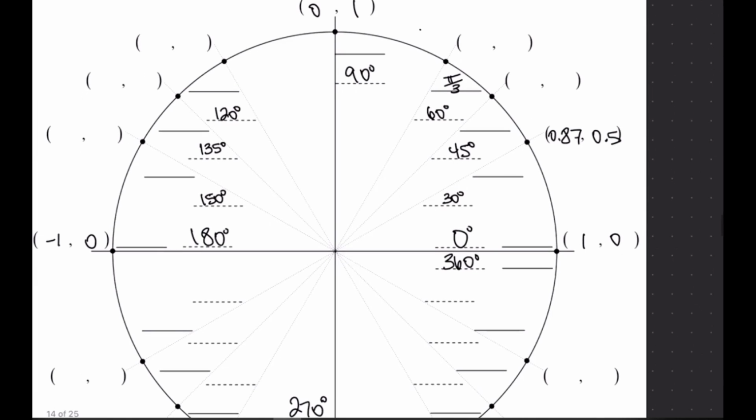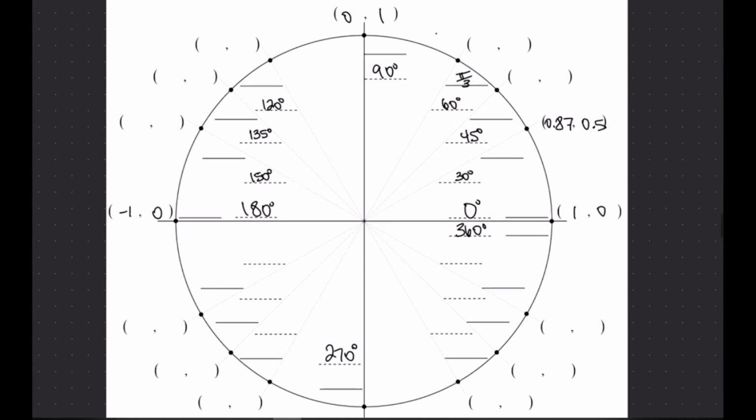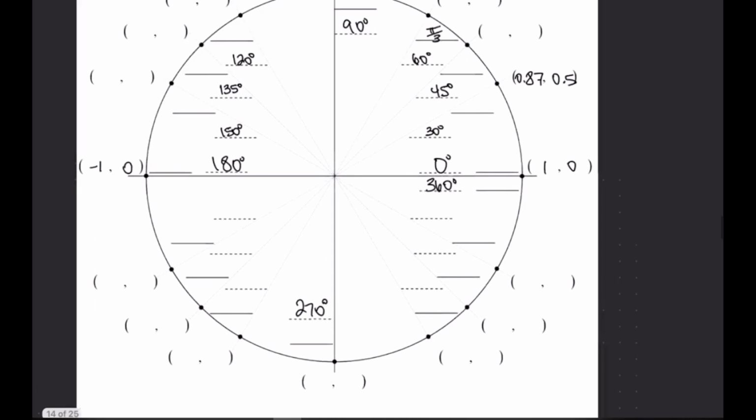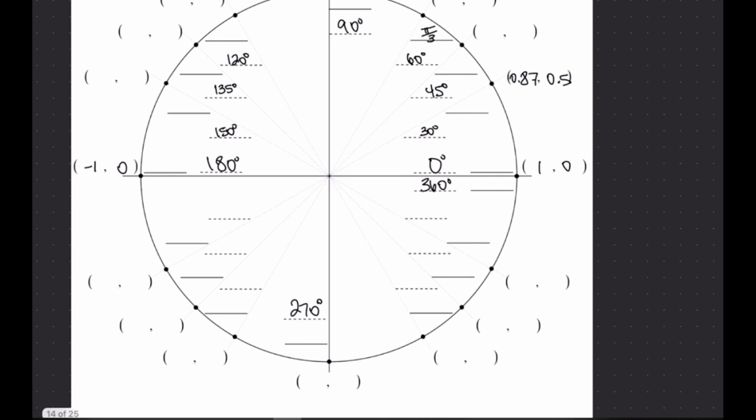Any other angle you want to do that's on the unit circle? Yeah, 135. Yep, we'll do it. Here, we'll just do it right over here. So if I have 135 degrees and I want to turn it into radians, the way I kind of do this is I have degrees and I want to get rid of my degrees, so that 180 degrees is going to go on the bottom.